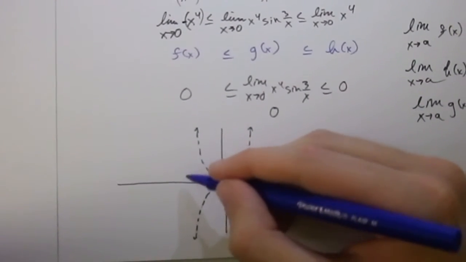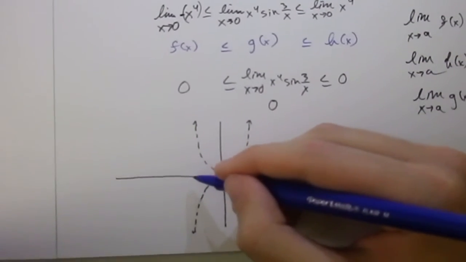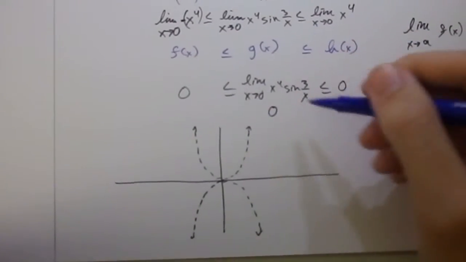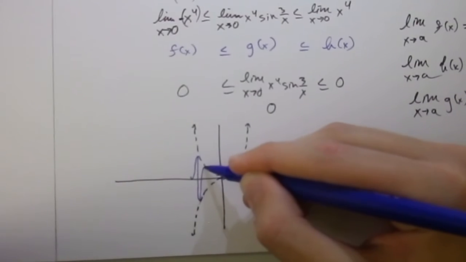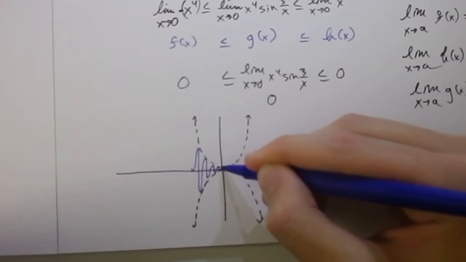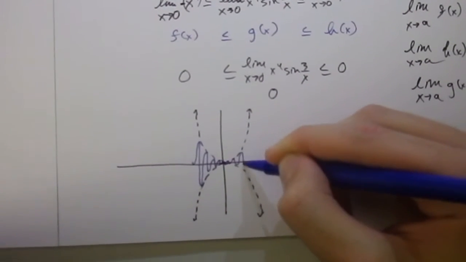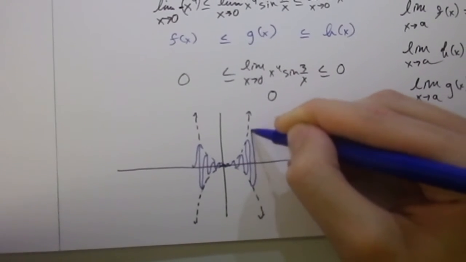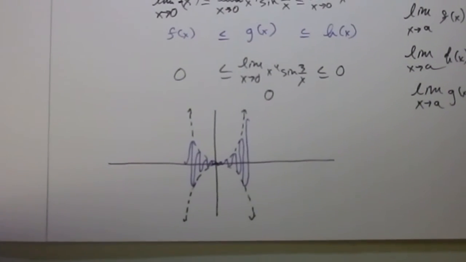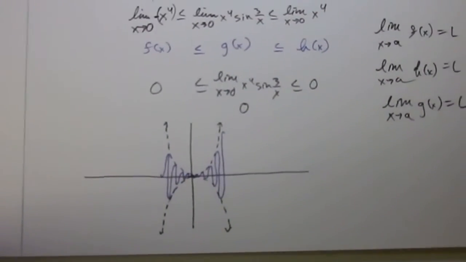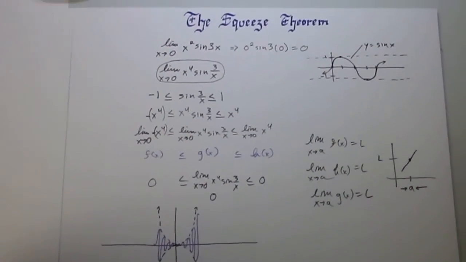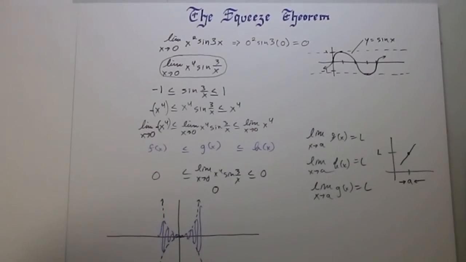And the sine function in between is the function that you're looking for. It's going to look something like this. And as it approaches 0, it has to be squeezed between 0, and this is like the epitome of the sandwich or the squeeze theorem in calculus. So thank you very much for your time.